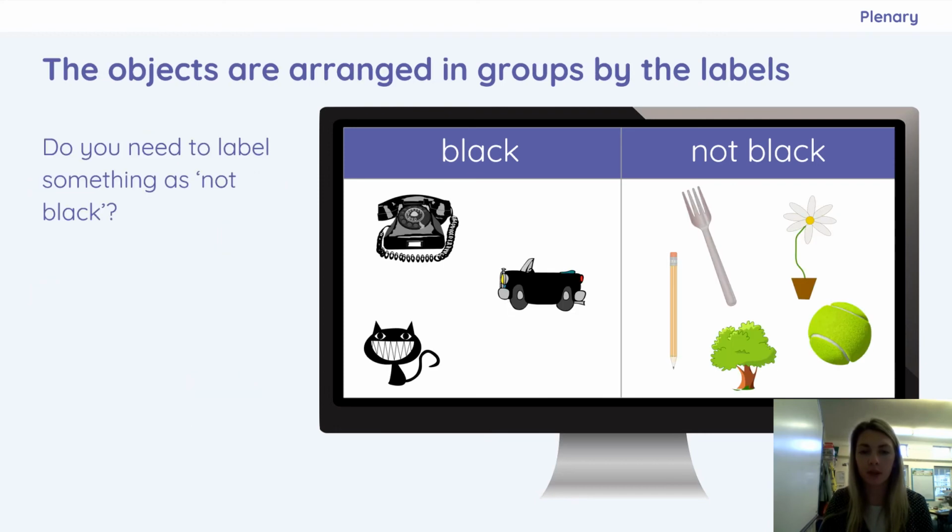So let's go there. Perfect. So these are the ones that you told me would come up as black, and these are not black because that's the information a computer has been told.